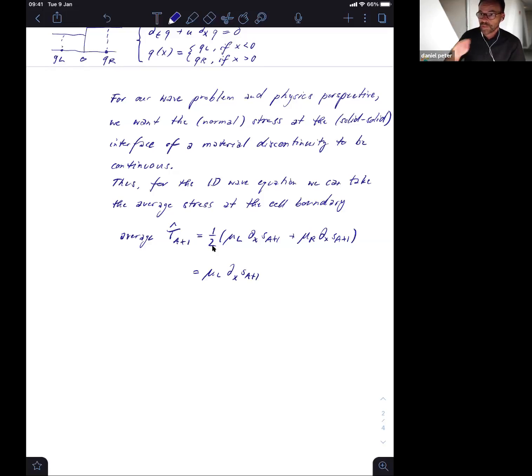So if we have the same material properties between the neighboring cells, then this is sufficient. We just have this as a stress at that boundary. And so we can write then a correction to this part, which is obviously the right side minus the left side, and take half of it.